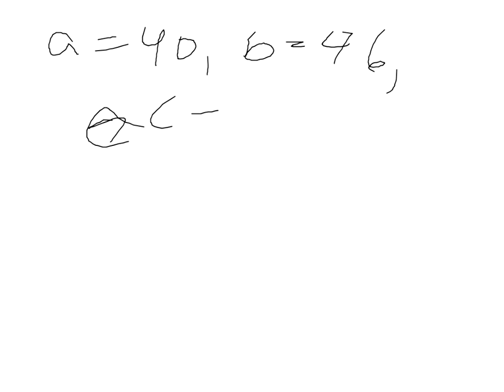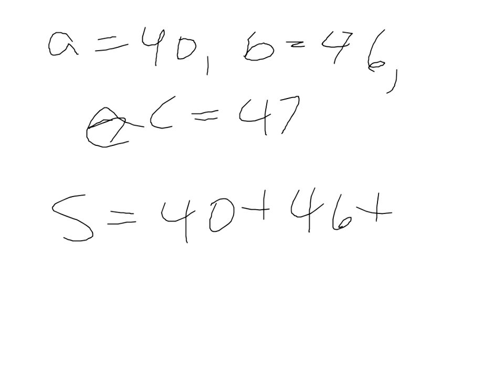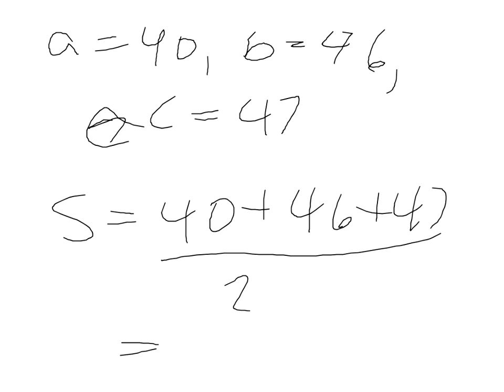So now I have a triangle with 3 sides: 40 feet, 46 feet, and 47 feet. So that makes S 66.5.